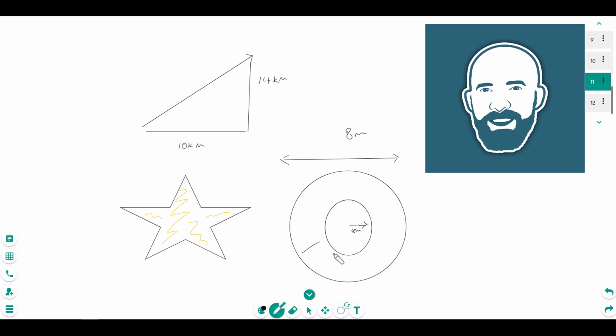And let's say this is the paved area around a pond. Can we work out the area of the paved section? We'd find the radius of the larger circle, which is 4, apply pi r squared, then find the radius of the smaller circle, which is 1.5, pi r squared that, and take the smaller circle from the larger circle. Okay, perfect. So we've got an easy one there.